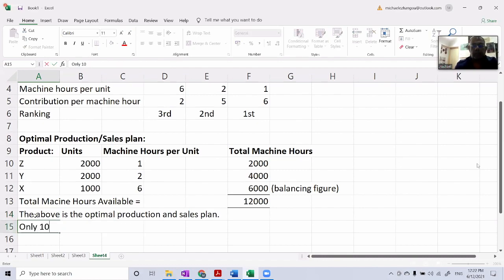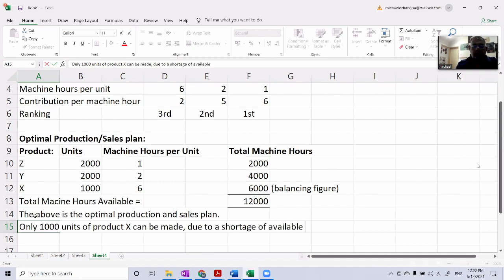Only 1,000 units of product X can be made due to a shortage of available machine capacity.